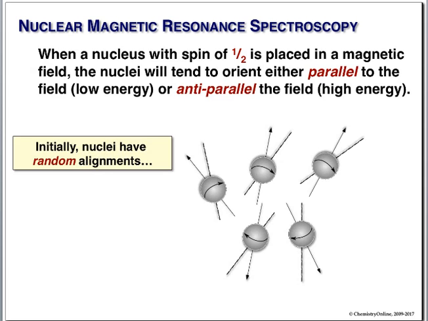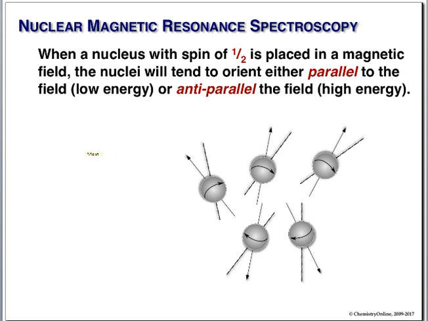Originally, all of these are random. This is supposed to represent where the fields are pointed, and they're all random. We're going to take this group of nuclei and put them in a very powerful magnetic field. When we do, we apply a field this way. These nuclei will either line up with the field or against it.